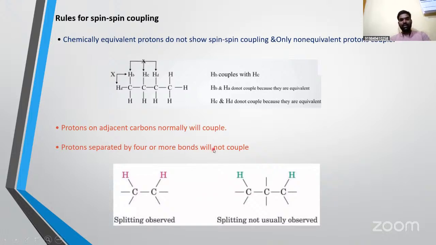If the protons are separated by four bonds, there will not be any splitting. Here, counting 1, 2, 3, 4, the protons are separated by four bonds, so splitting cannot usually be observed in this case.